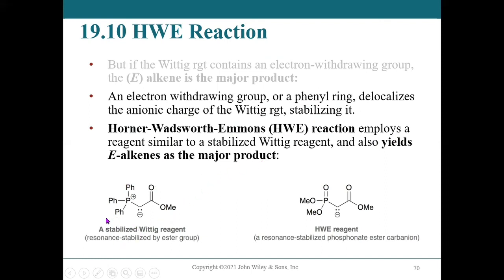Here's one example. Compare this Wittig reagent with the electron withdrawing group and this HWE reagent. You can see here this phosphorus atom is double bonded to O, with 2 methoxy groups, and here are 3 phenyl groups bonded to the phosphorus atom.